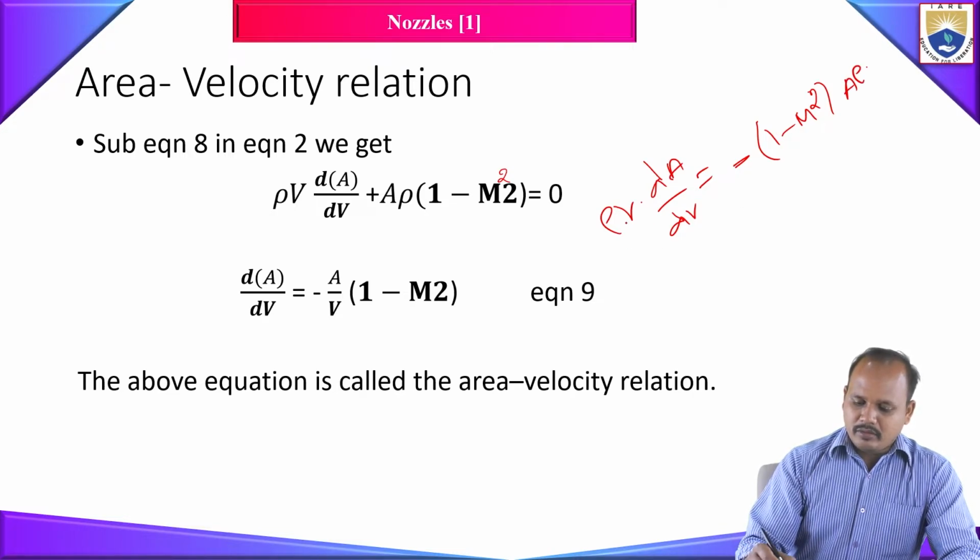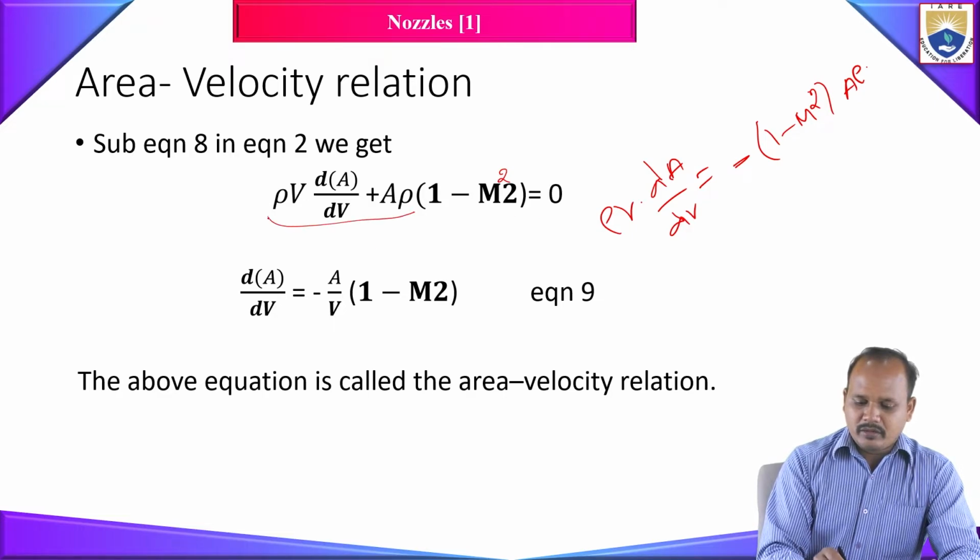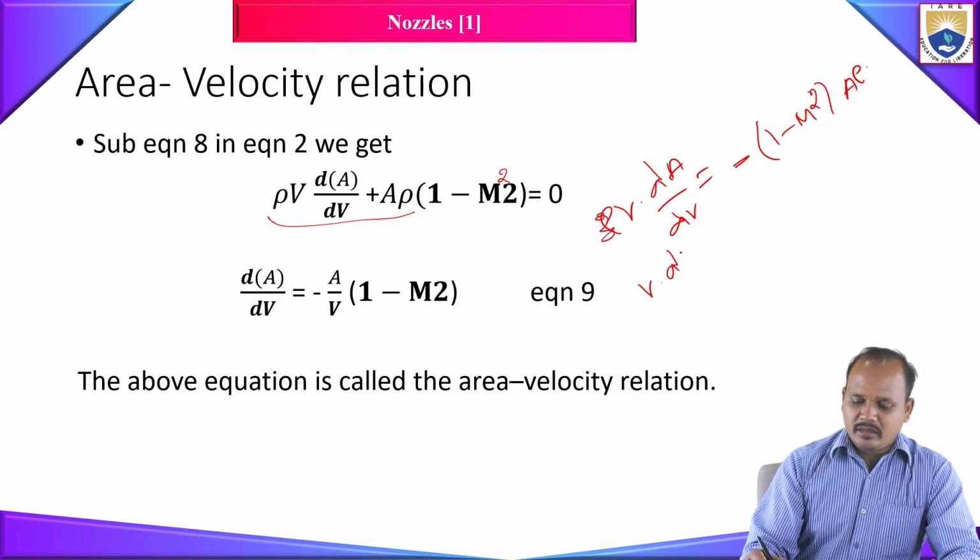You see here rho is common, so I can take it to the other side, and it will become 0. You will have v into dA by dv is equal to minus a into 1 minus m square.